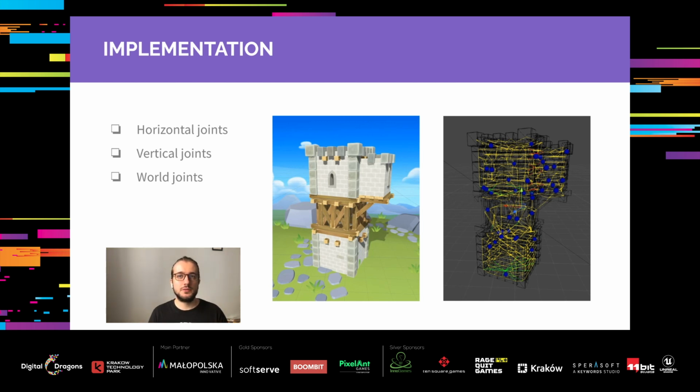So we needed to have two connections per object. Every object would have one horizontal and one vertical joint, which gave us four connections per object. And this kind of configuration gave us the effect of cement.